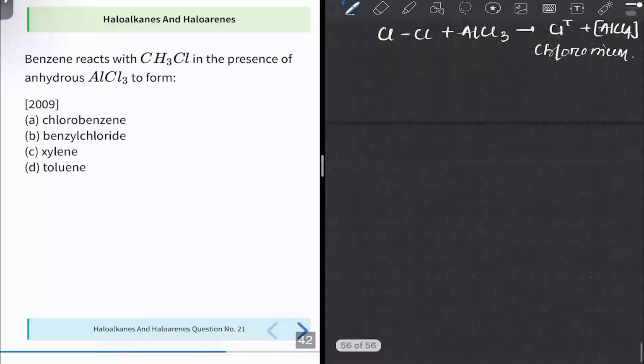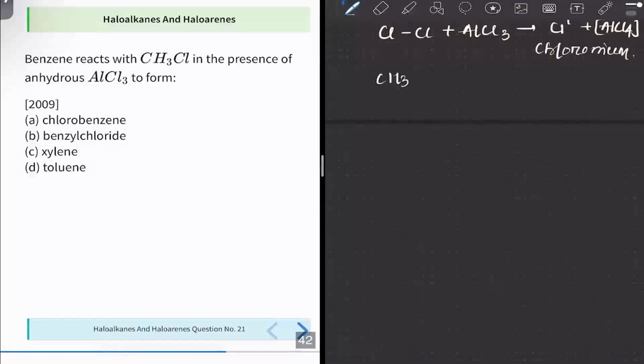In our focus, there will be CH3Cl. CH3Cl will react with AlCl3 to give CH3 plus and AlCl4 minus. There is the formation of the electrophile, that is CH3 plus.